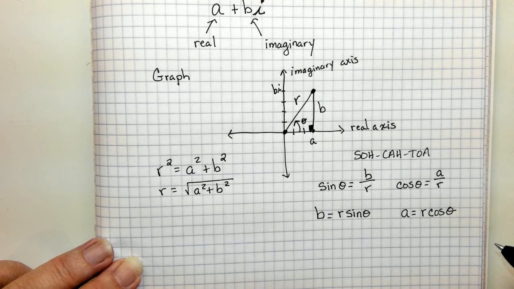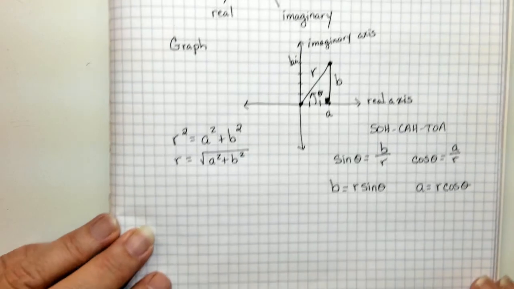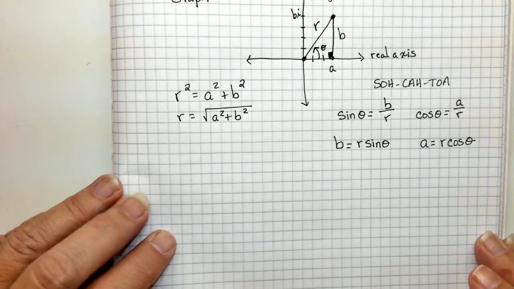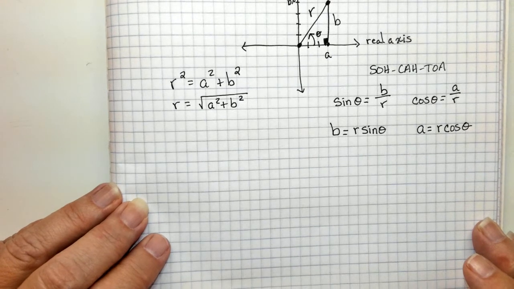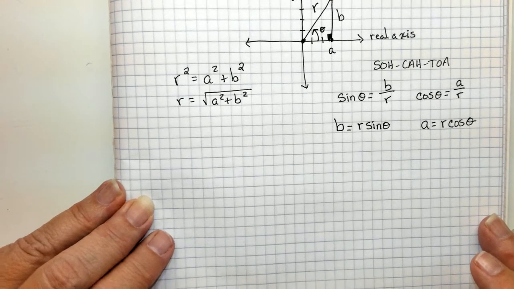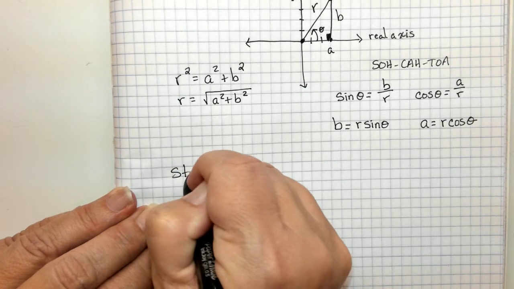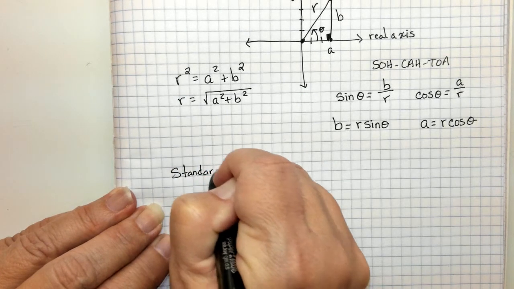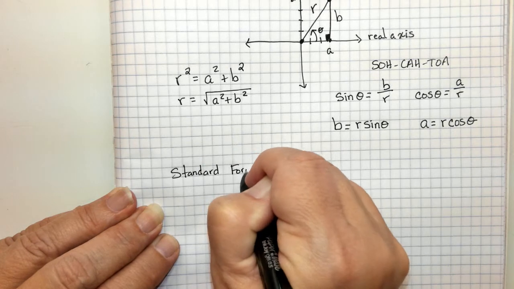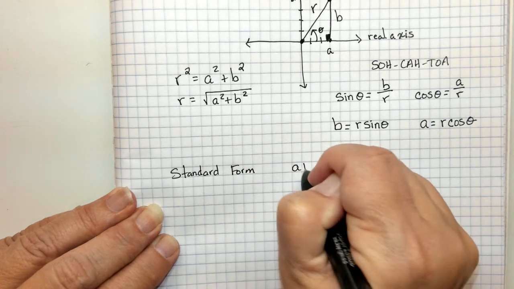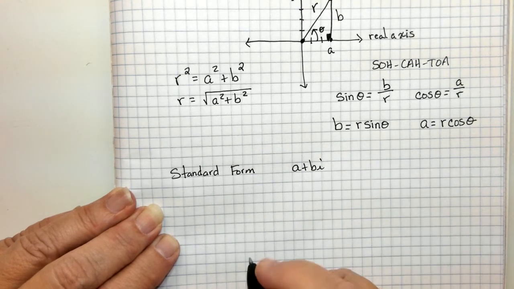And then we can use all of this information to take a complex number that is in standard form and convert that complex number over to trigonometric form or polar form. So again, I'm going to start with the standard form here, which is a plus bi.